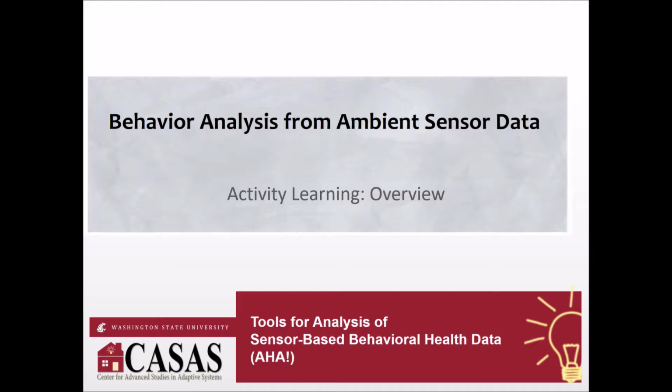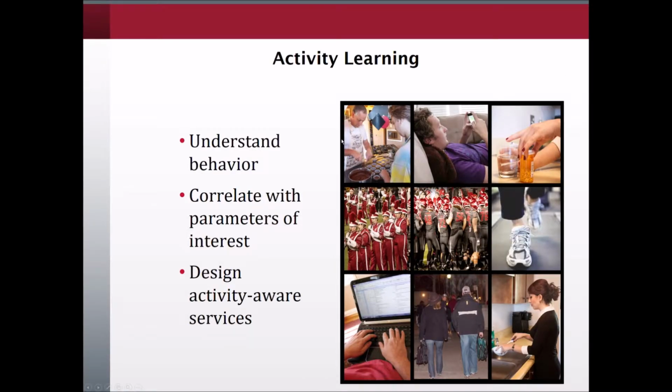In this course segment, we will look at how to learn activity models from the data that is collected by these ambient sensors. The focus of the course is observing and analyzing human behavior. Activities give us a vocabulary to describe these behaviors that are observed by ambient sensors.